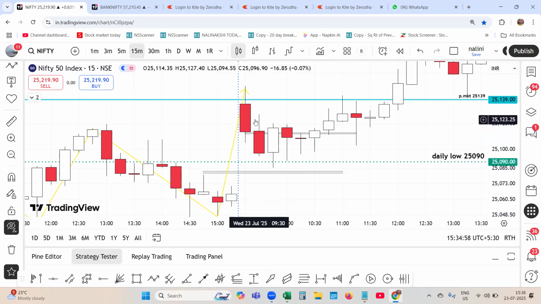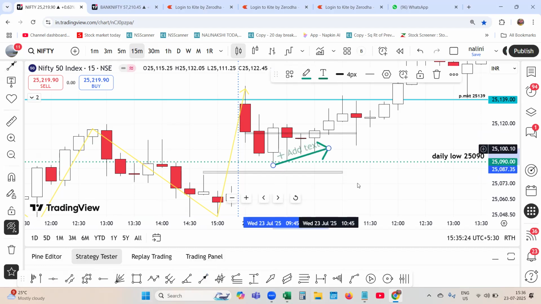If you closely observe, though it was making lower highs till 10:30, it was making higher lows. Let me take this tool. This is a higher low.